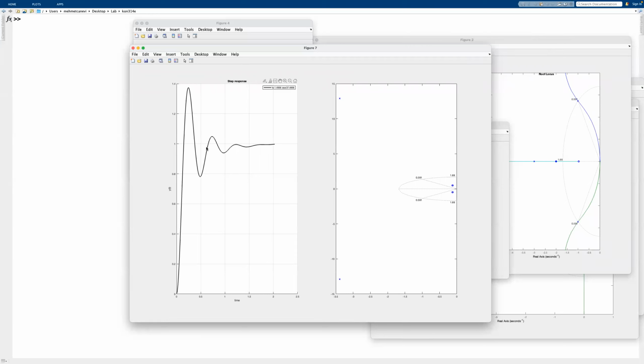It has some oscillations, but it is able to track the input because it's a PID controller. So this is our design point, but we don't have any sort of relation between Ziegler-Nichols and design point because the method doesn't give us that. It's just a tuning method or starting point for PID design.